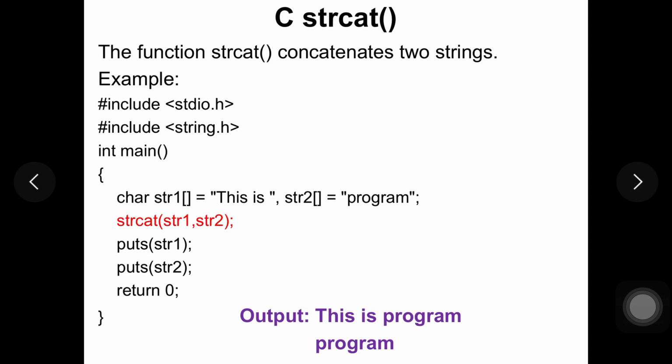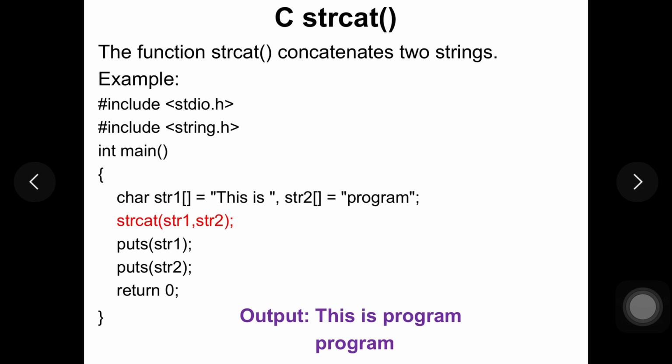So we'll see by printing what string 1 and string 2 are. String 1's value was "this is"; by concatenating, we joined "program" to "this is", and the final answer, "this is program", was stored in string 1. So the output is: string 1 is "this is program", and string 2 remains unchanged, so it is just "program".